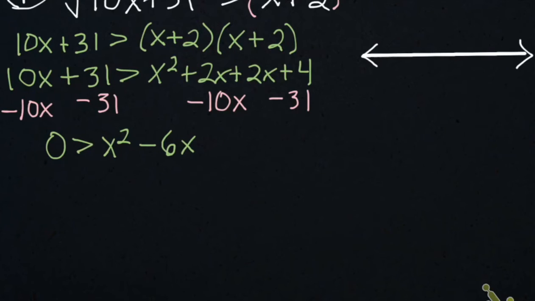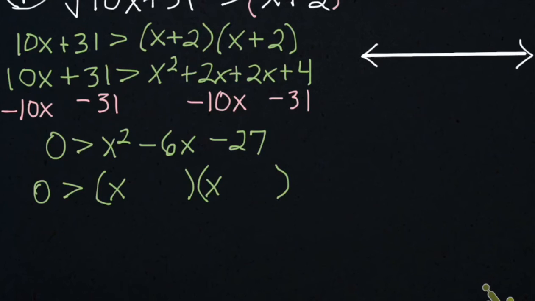And negative 31 plus 4 is negative 27. Just as before, ignore the inequality symbol and factor it. So I have x in the front. Two numbers that multiply to give me 27 and subtract to give me 6. 9 and 3. The 9 would be negative, the 3 would be positive.